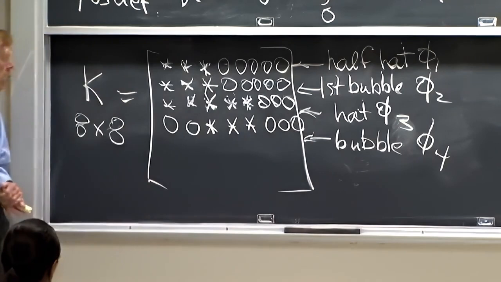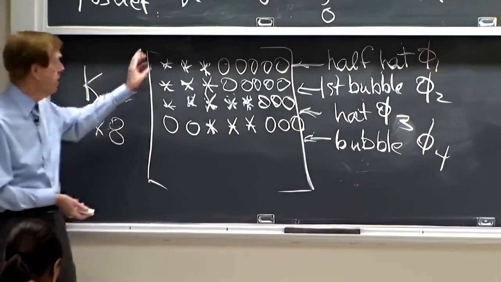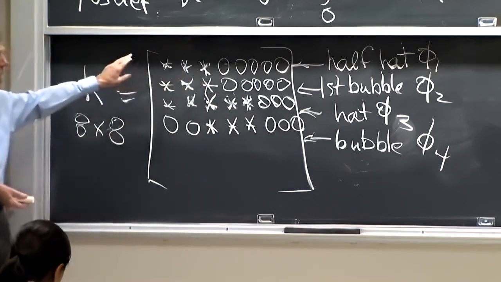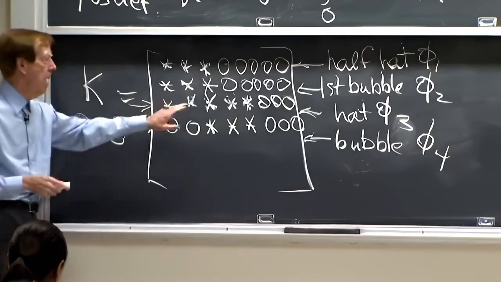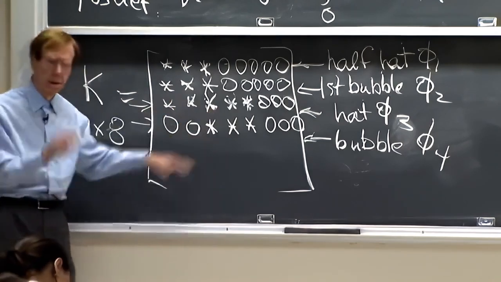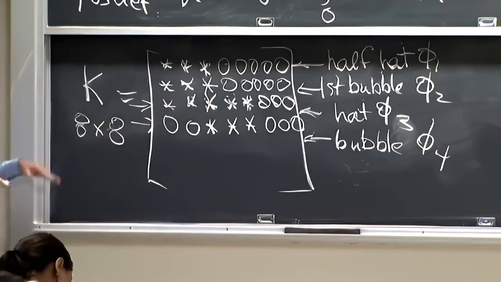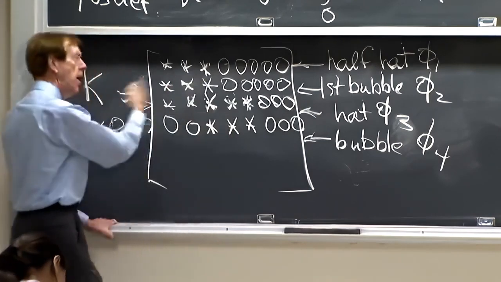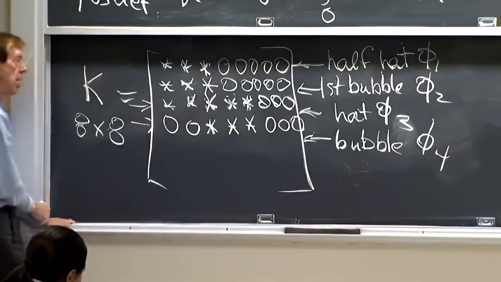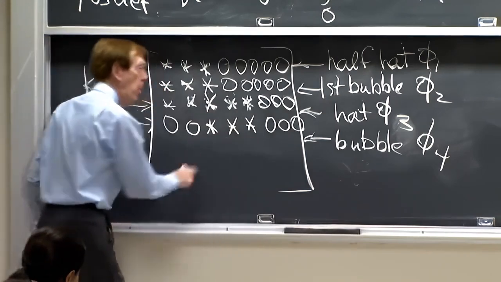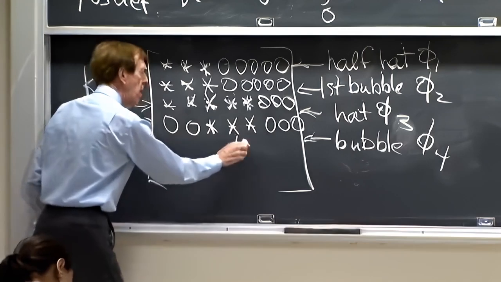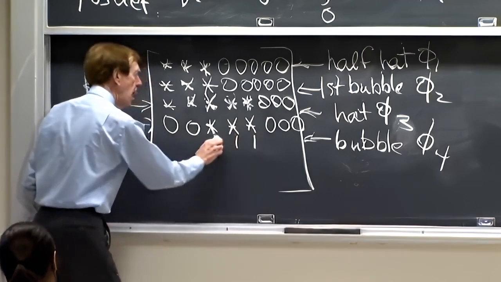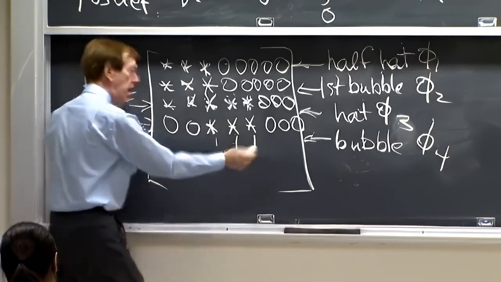I don't know if you see what pattern we're getting here. Those were special rows because that was only a half hat. These are typical rows. A typical hat function has, that row is showing us 5 non-zeros because it overlaps itself, the neighboring hats, and the neighboring bubbles. But the bubble row only has 3 because a bubble overlaps itself, the neighboring hat on each side, but not the neighboring bubbles.